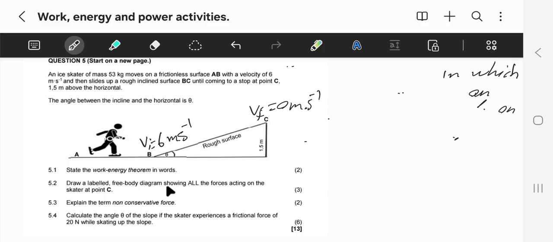And then another thing that we must look at is that we are given the height, which is 1.5. So this 1.5 here is our height, the 1.5 meters. We need something else here. We need BC in order for us to find theta, because we can look at this whole shape as our triangle, which is what it is.